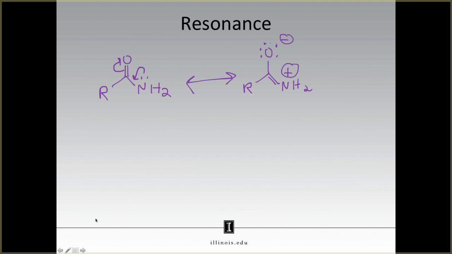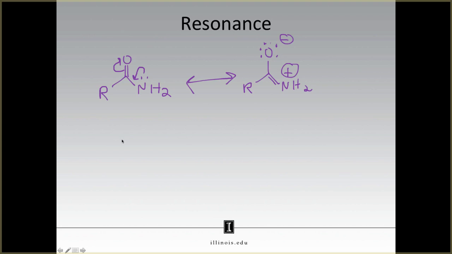Why does this matter? Remember that the wave number of a stretch depends on the strength of the bond. You know that the stronger the bond, the higher the wave number it appears at. Remember from general chemistry that what a bond is actually like can be treated as a sort of average between all of its resonance structures.